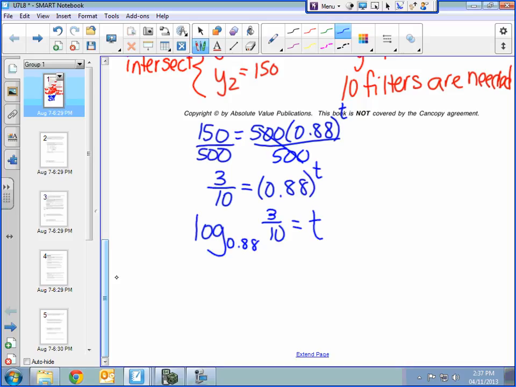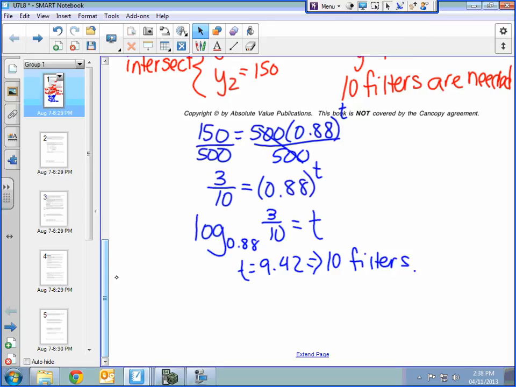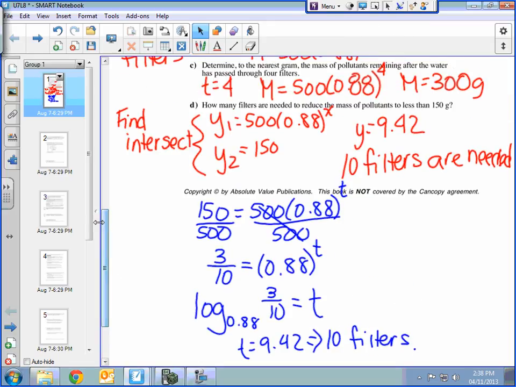Okay, so you can put this into your calculator. So log of 3/10 divided by log of 0.88 is equal to t. So your t is going to be 9.42. So it'll be 10 filters. If it asks for an exact value, this right here is your exact value.